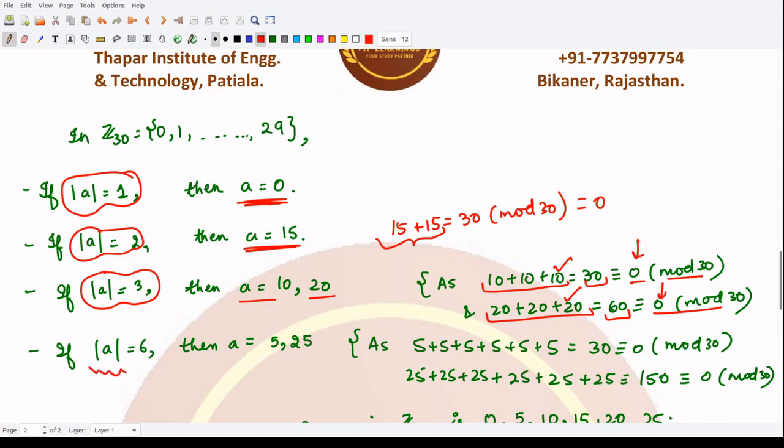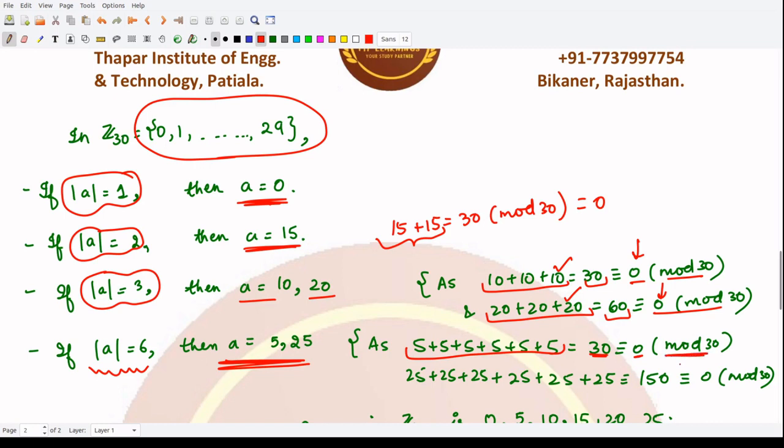If we have the order of the element as 6, then the possible elements are 5 and 25 out of these 30 elements. Why? Because when you add 5 to itself 6 times, you have 30, which is 0 under mod 30. And when you add 25 to itself 6 times, you get 150, and 150 mod 30, when you divide 150 by 30, correct, you have 0 as the remainder.